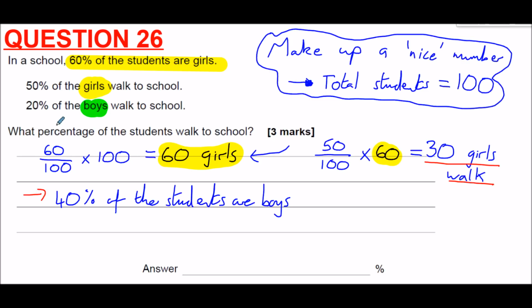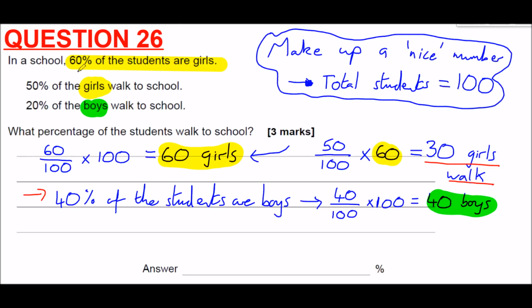And so, if there's 100 students in total, the number of boys will be 40% of 100. So that means there'd be 40 boys. If there's 40 boys, 60 girls, that adds up to 100 like it should. So we've got 40 boys.